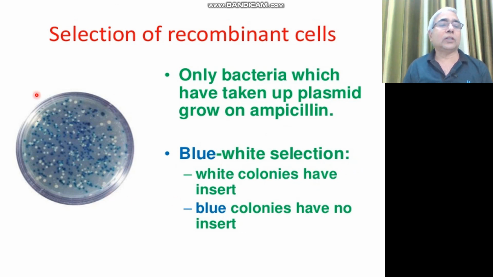Here you can see two different types of bacterial colonies. Some are white and some are blue in color. The white colonies are with the inserts, meaning they have the gene construct with the foreign DNA, whereas the blue colonies have no inserts. By this color difference we can easily differentiate the host cells, or you can say bacteria, which have the inserted DNA molecule or which don't have the inserted DNA molecule.